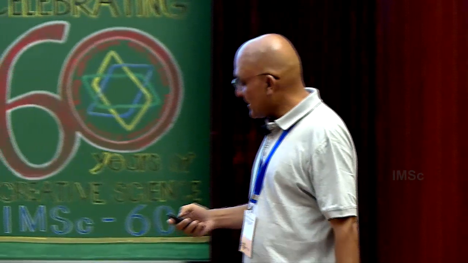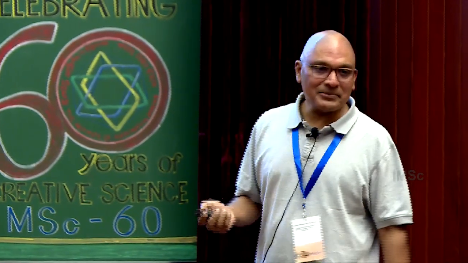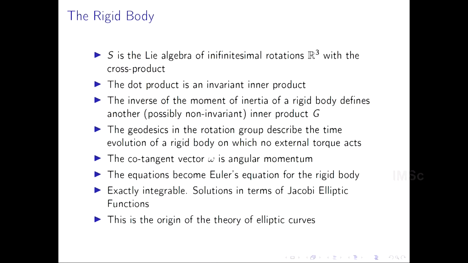The classic example of this, the one that Euler originally thought about, is the rigid body that we all teach in classical mechanics. If you have a rigid body, then this omega is the angular momentum. The g is the inverse of the moment of inertia tensor. And so g acting on omega gives you angular velocity.